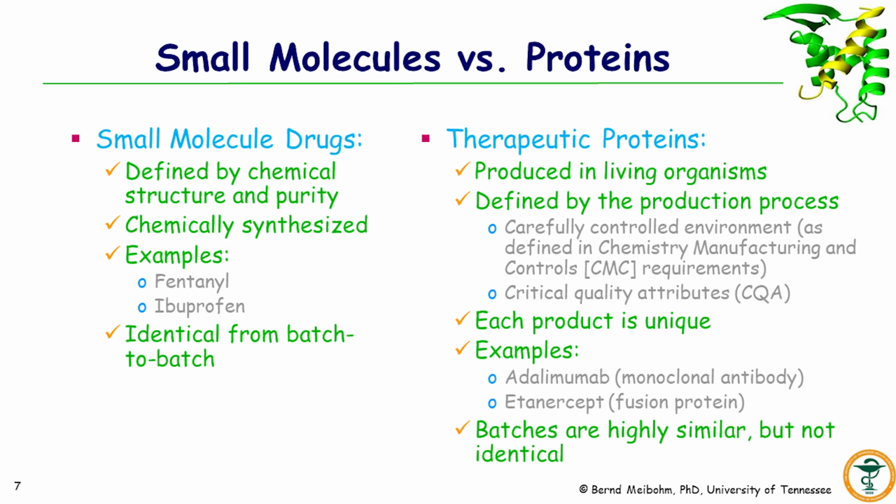Each product is, through this defined production process, unique. Examples for therapeutic proteins, for example, adalimumab as a monoclonal antibody, or etanercept as a fusion protein.